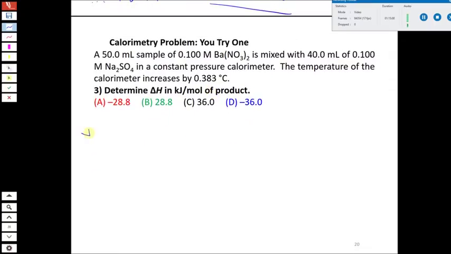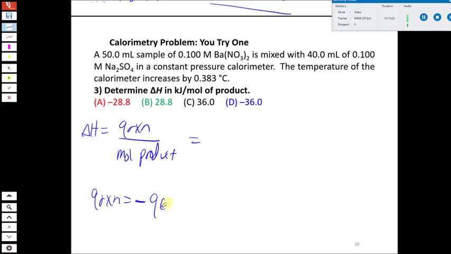So delta H, again, is going to be the heat of reaction divided by the moles of product that we form. We're going to normalize to the amount of substance that's involved. We saw that heat of reaction is just given by the negative heat for the calorimeter. In the first step, we saw that the heat for the calorimeter was plus 144 joules.